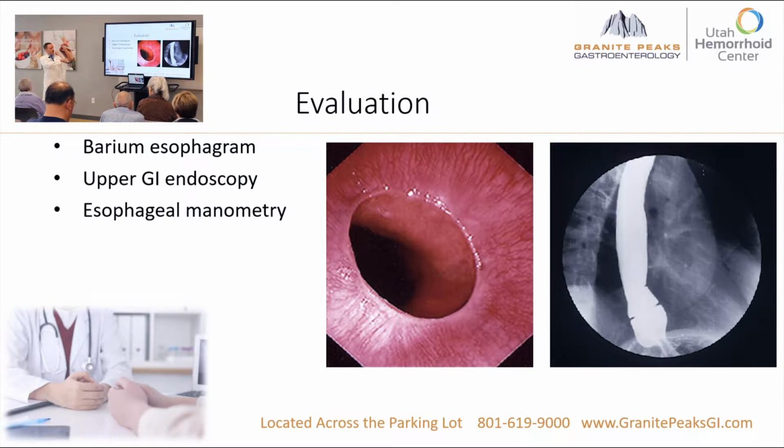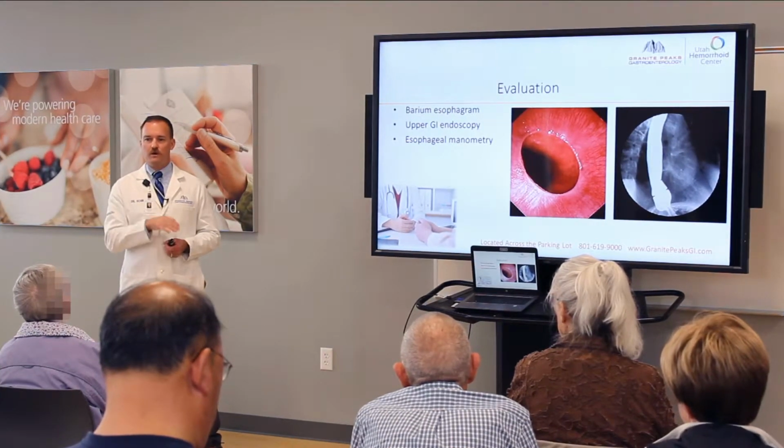Out of these three tests, the esophageal manometry is without a doubt the most uncomfortable. You're awake, they put a tube in your nose, and that long tube goes down into your stomach. The tube has balloons on it at different lengths along the tube. The technician inflates those balloons and asks you to swallow water.